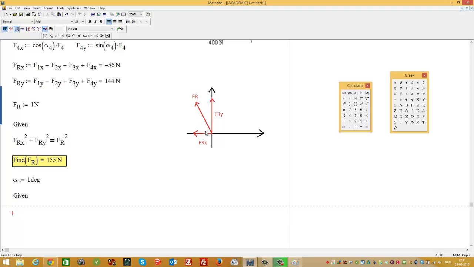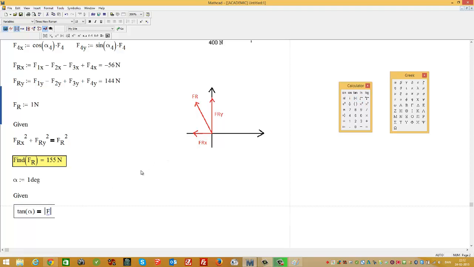To find alpha here, I use, as in the previous assignment, tangents, because tangents is defined as the opposite divided by the adjacent, and the opposite is the same as fry, and the adjacent is frx. So tangents to alpha, Boolean equal sign, equal to, and because this is a minus value, then to be on the safe side, I use for both fry and frx the absolute value.